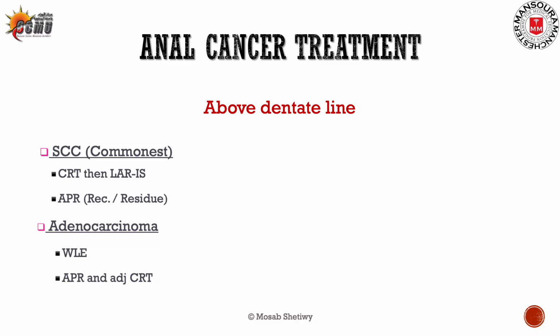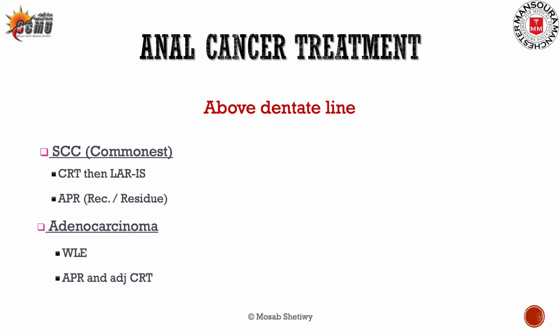Anal cancer is actually a rare or uncommon disease. According to the anatomy, the anus is divided into two halves. The upper half is above the dentate line, 2 centimeters above the dentate line. The commonest disease there is squamous cell carcinoma.